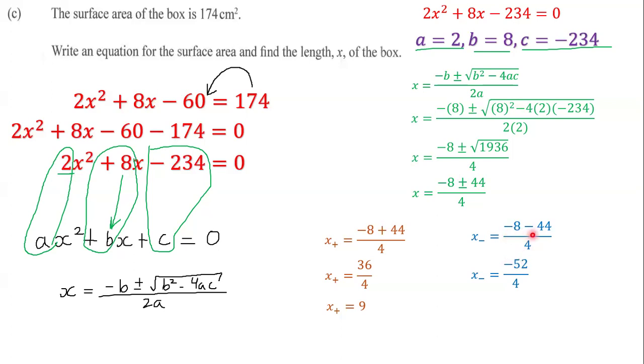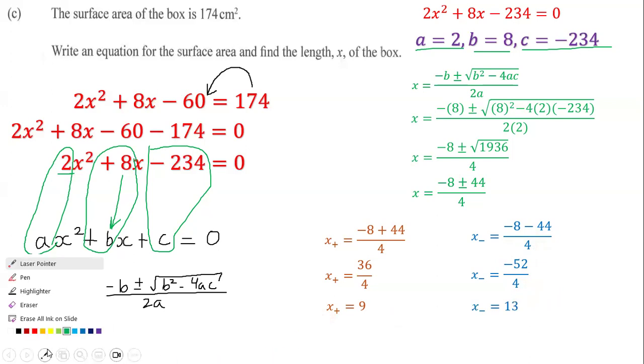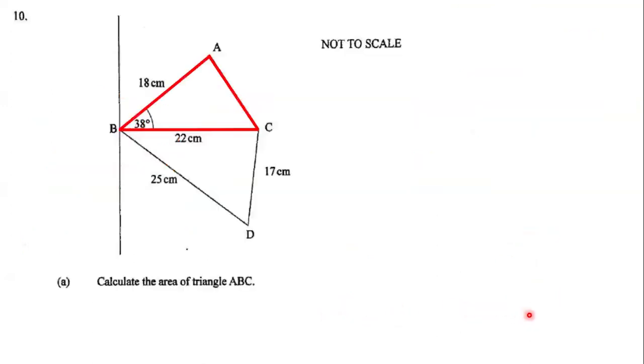So we have negative 52 divided by 4, which is negative 13. So let me put the negative sign here. Negative 13. And so we have that x is equal to 9, and x is equal to negative 13.